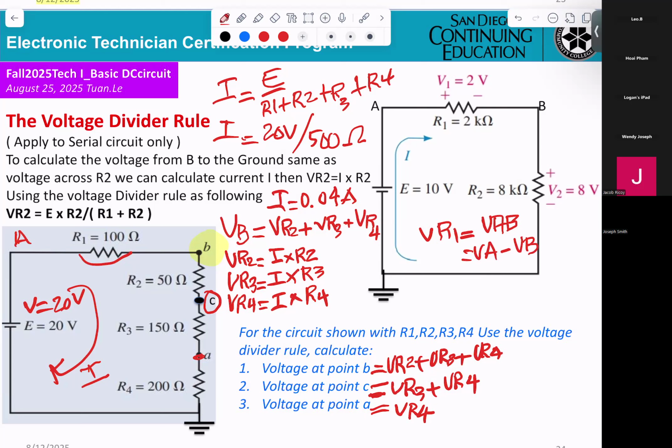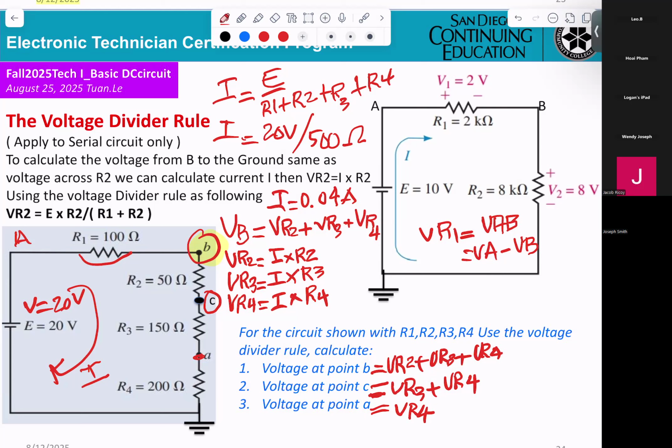That means every time they say voltage, they have to give 2 points. Now, if they say only one, VB, that means the other side must be common.